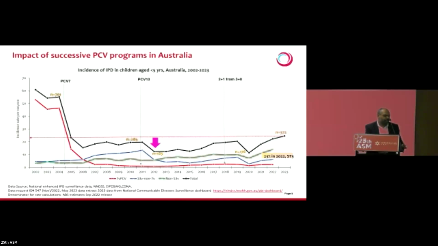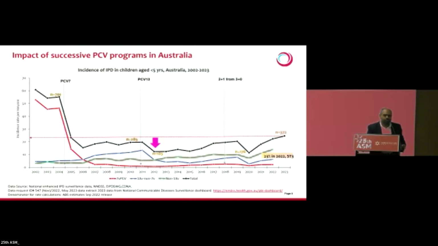And that is contributed to by these non-vaccine type increases. So if you like, serotype replacement, which is that green line. And then there's residual PCV 13, mainly serotype 3, which causes about 1/4 of the disease now. And the other thing I want to draw your attention to is that the rate in 2023, you can see that it's above what it was prior to when we started the PCV 13 vaccine.